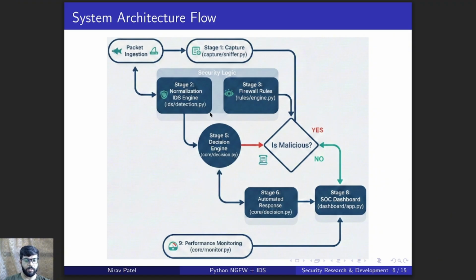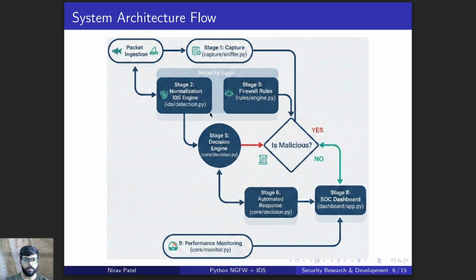So, we will see stage 2, normalization, first. First, the packet is normalized. Raw network data is converted into structured information such as source IP, destination IP, protocol type, port numbers, and TCP flags. This structured format ensures consistent and reliable analysis across all subsequent stages.